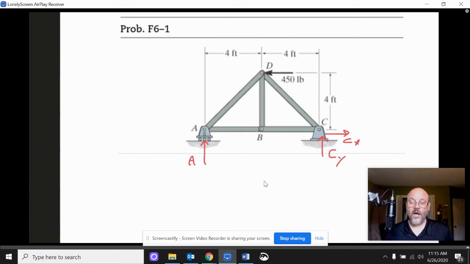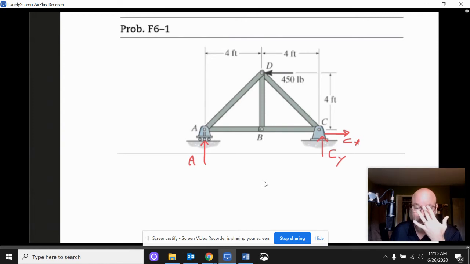So we're going to have to find A, CY, and CX, just like that. Now, you want to think about these things carefully, and take your time as you get started.